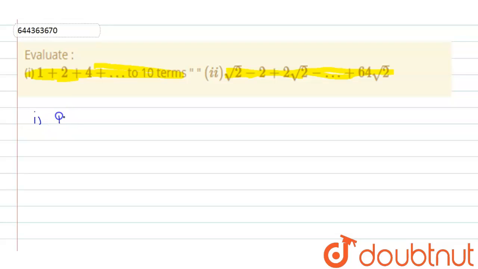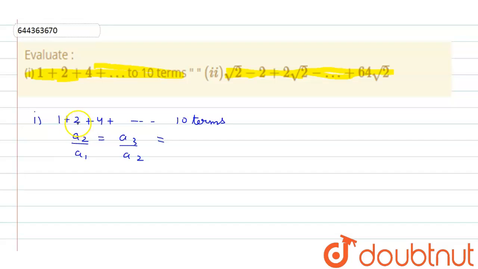Here we have the series 1 plus 2 plus 4 plus up to 10 terms. Here we can see the ratio of the second term to the first term and the third term to the second term is the same. It means A2 divided by A1 is equal to A3 divided by A2.